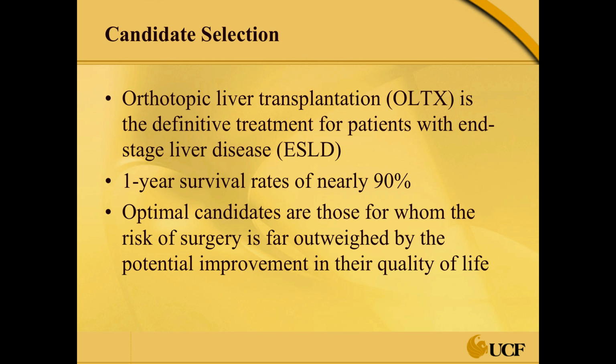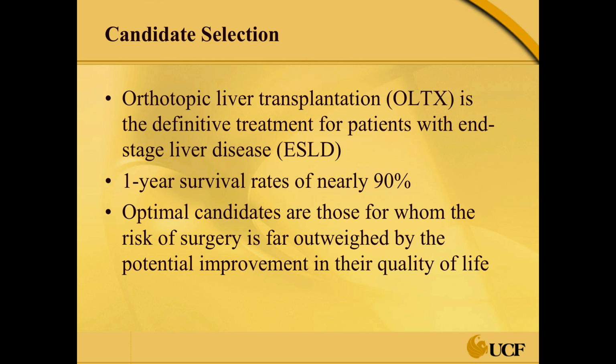I'm 82 years old, and it gives me a little bit of a laugh to hear that, but in actuality that's true. They're not going to give 82-year-olds heart transplants. They're not going to give 82-year-olds liver transplants. So the optimal candidate, no matter what it is, liver transplantation, lung transplantation, is going to be that person for whom the risk of surgery is far outweighed by the potential improvement in quality of life, okay?